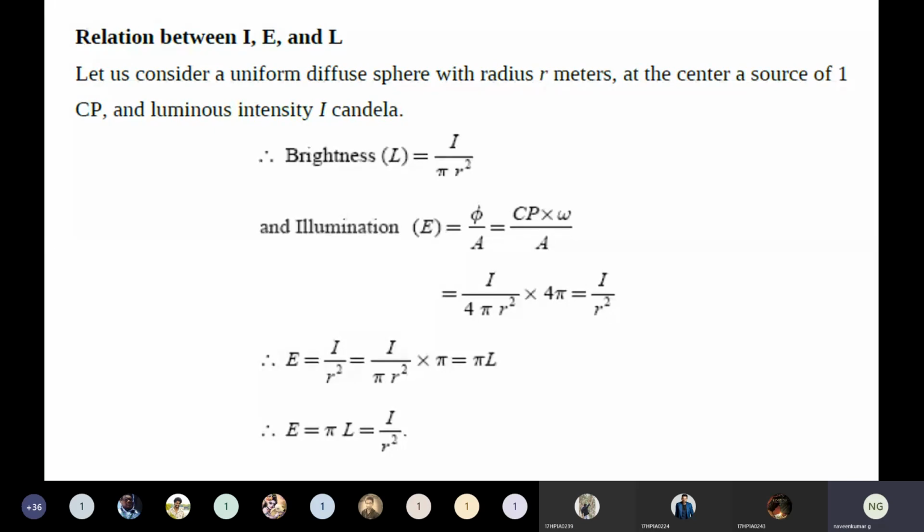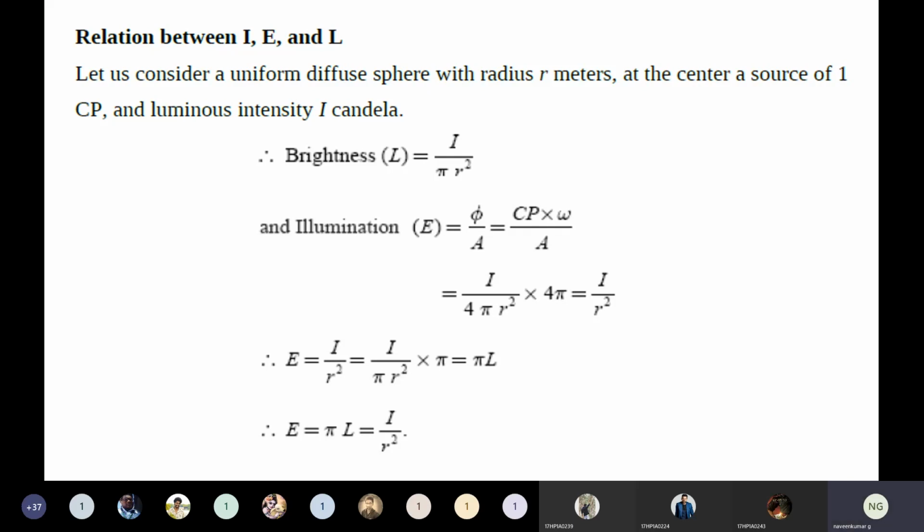And illumination E is given as luminous flux divided by area. Luminous flux we already know is candle power multiplied by solid angle. So Cp into W divided by area. Okay, here it is a sphere. So we are going to get 1 divided by 4 pi r square into 4 pi solid angle. So 4 pi goes away, you are having I divided by r square.